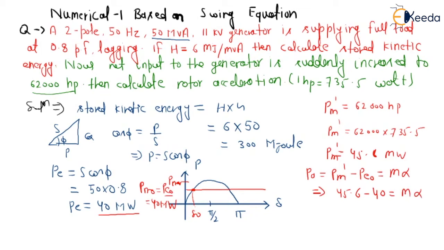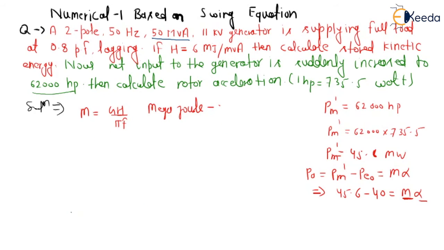If we are able to calculate the value of M, then we can get our answer alpha. So now we are going to calculate this value of M, in megajoule second per electrical radian.